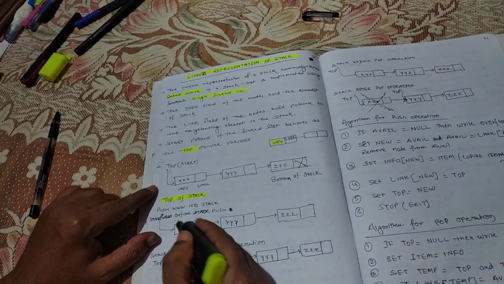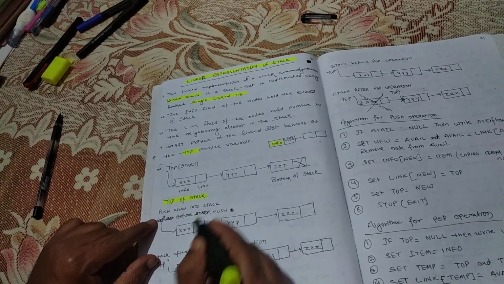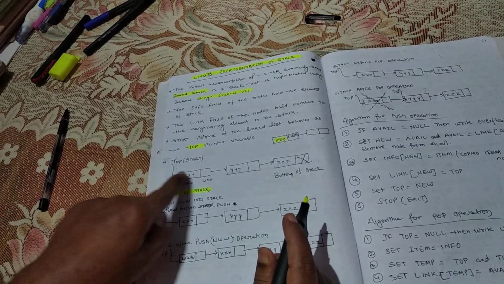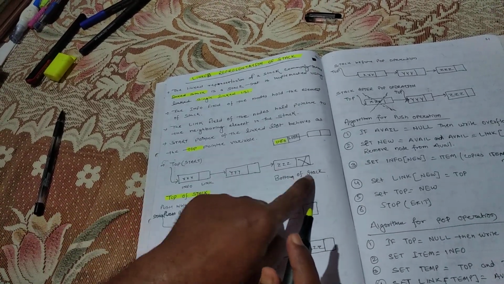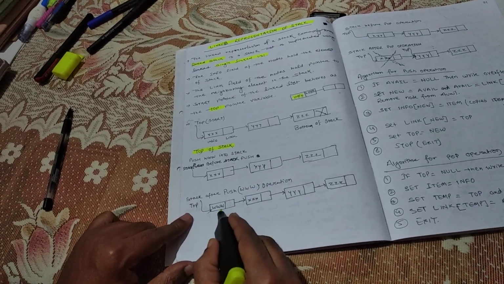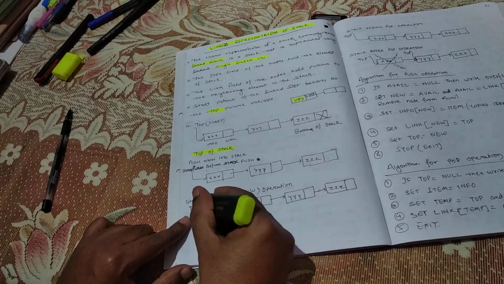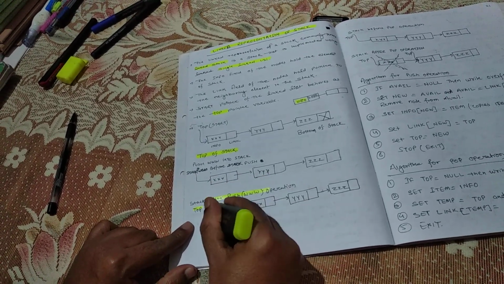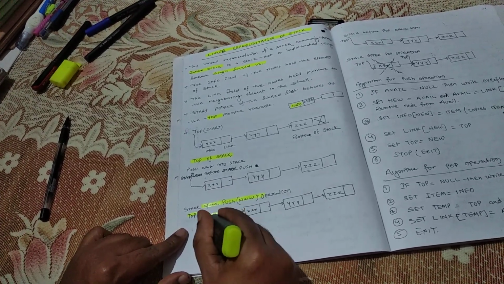So push WWW onto the stack. Before the operation, the diagram will be the same, and after the push operation we have to push the node at the top position.